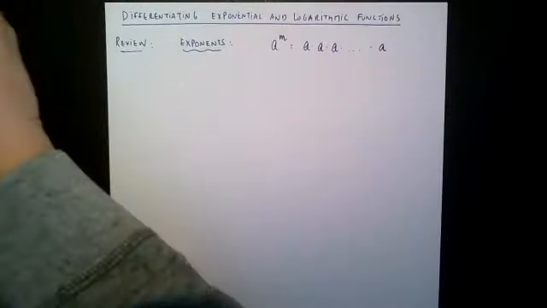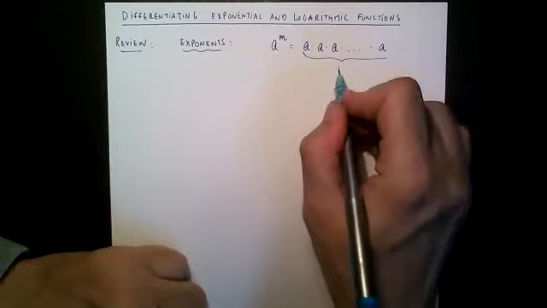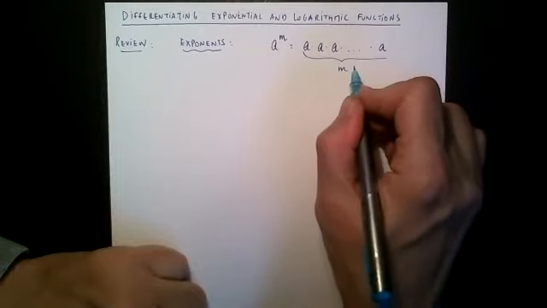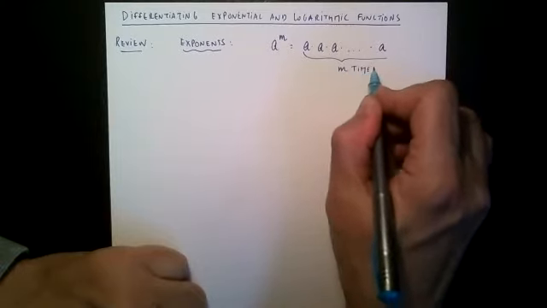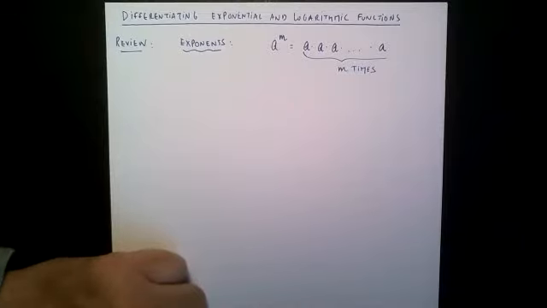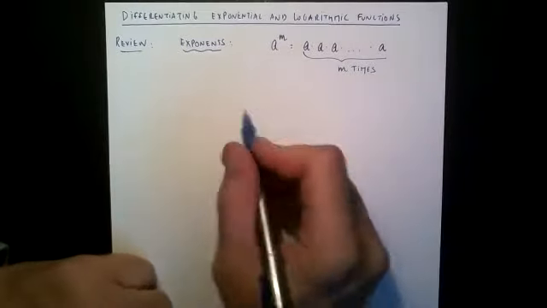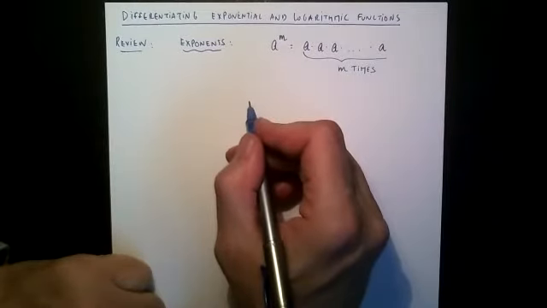How many times? It's a times itself, of course, m times. Okay, so this, I'm sure you've been learning this since elementary. Then let's write down all the properties of exponents.